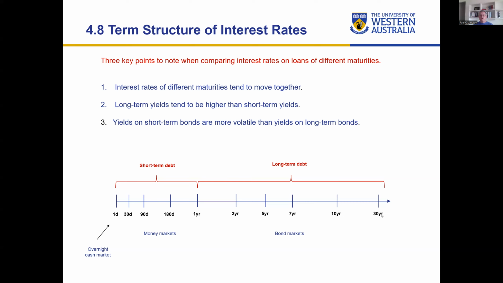So what we're going to do is go through each of these in more detail, because once we understand why this is true, then it really does provide insights into how global financial markets work and how the Australian economy and other economies work. So we're doing a lot of work on interest rates because interest rates affect consumption spending, they affect investment spending. They also attract money into economies.